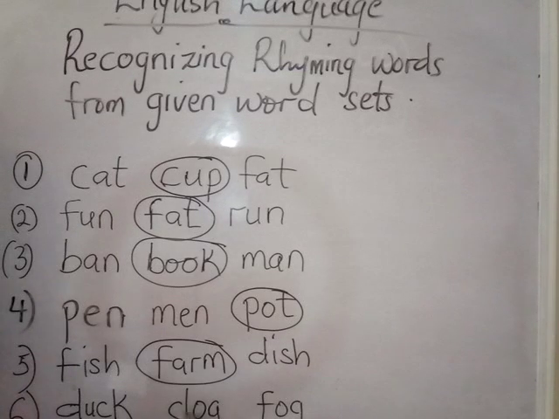We have "og," and then we have "og" here. If you remove the first letters, we are left with "og," "og." So dog and fog rhyme, but duck doesn't rhyme with them. So we circle duck. Duck does not rhyme with dog and fog.